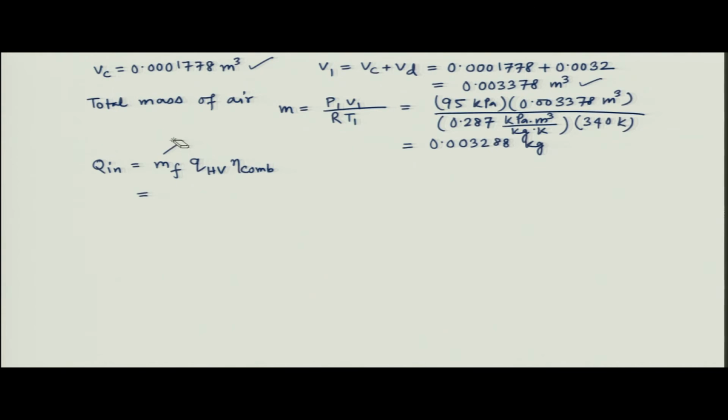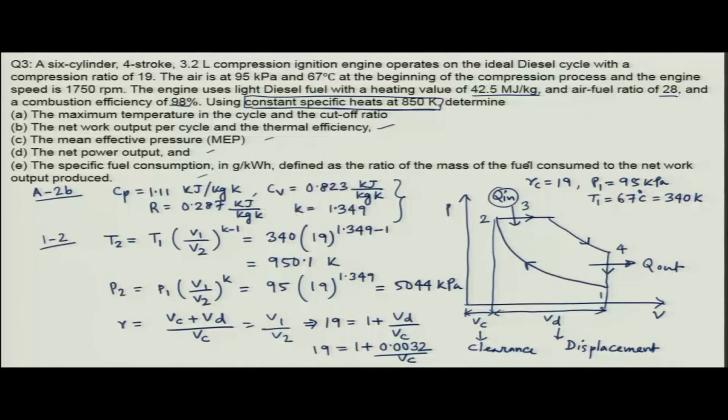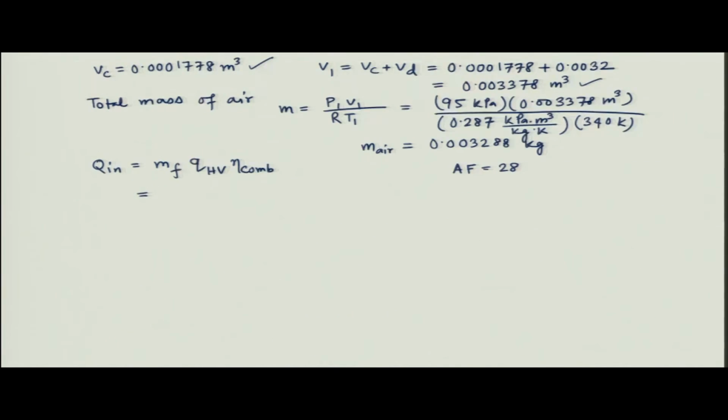So, we have already found the mass of the air. This is the amount of air inside the cylinder. Also what is given is the air fuel ratio, that is 28. So, what does it mean?